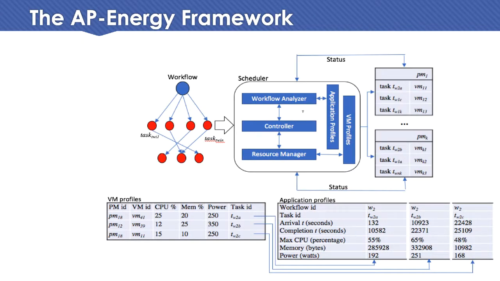So this figure gives an overview of the APEnergy framework. As a workflow arrives with multiple tasks, the scheduler controller communicates with the workflow analyzer and resource manager to determine the number of tasks, type of tasks, resources required by each task. All of this is done by asking for this information from or within the AP and the VM profiles.